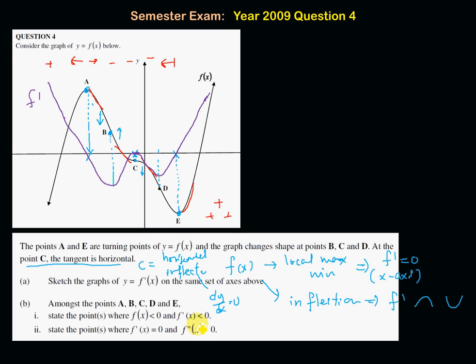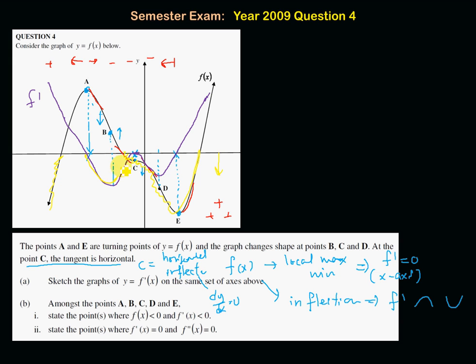And then you answer: state the point where f is negative and f prime is negative also. So we're talking about the area of the graph of f below the x-axis, and also where the f prime graph is below the x-axis, and it cannot be equal.